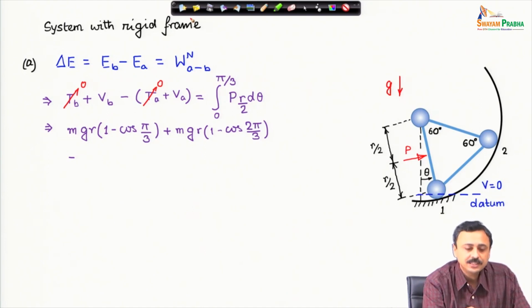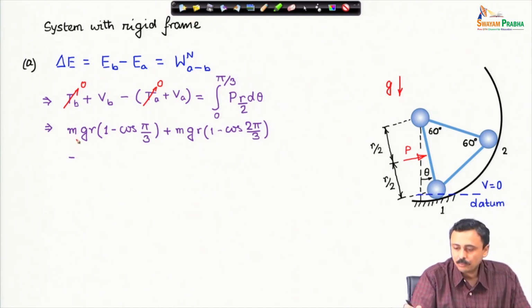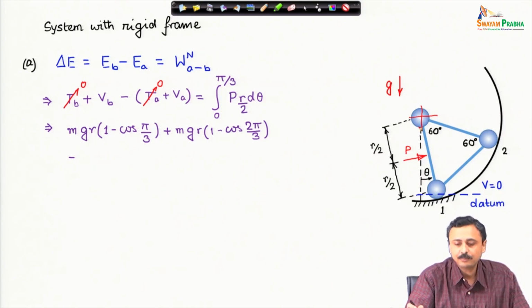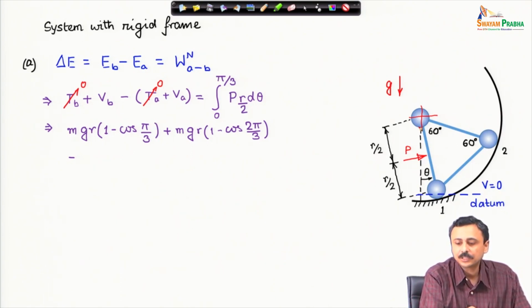The potential energy in state B: there are two mass points. This mass point remains fixed in state B as well as state A, therefore I do not consider it, because in a difference that will get removed. It is only the potential energy because of these two particles.